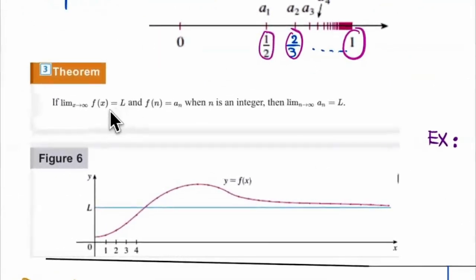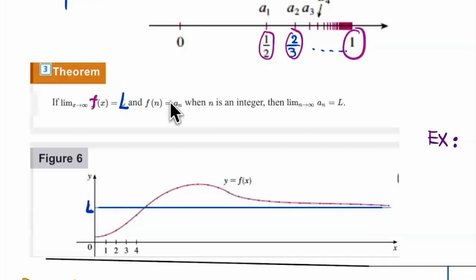It says that if the limit of the function is approaching L, here is this L, and we have this function f of x, then it goes like this and it's approaching L in the long run, closer and closer to L. The function value gets closer and closer to L.